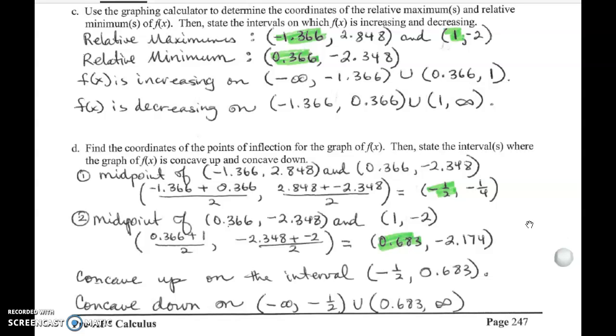So as you recall, the approximate midpoint of your mins and maxes will be your points of inflection. And then you can answer where the graph is concave up and where the graph is concave down. Remember, concave up is an upwards U, and concave down is a downwards U.